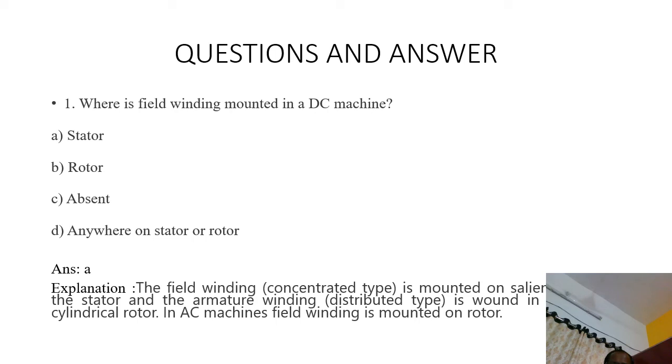And next: field coil, field windings, pole shoes, pole core, armature winding, armature coils, shaft, commutator, commutator segment, brushes, bearings. So these are the actual parts of the DC generator we discussed in the class.